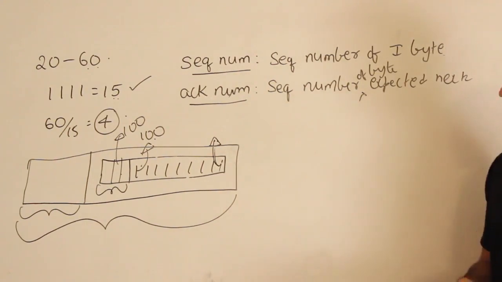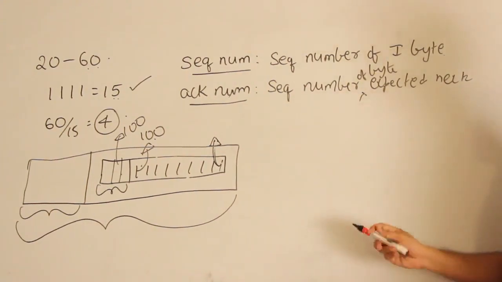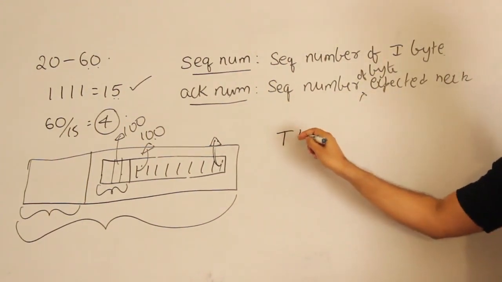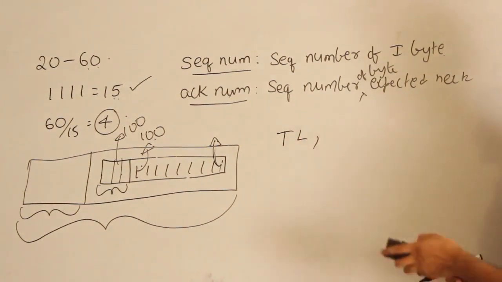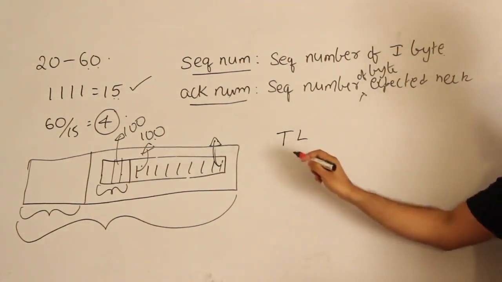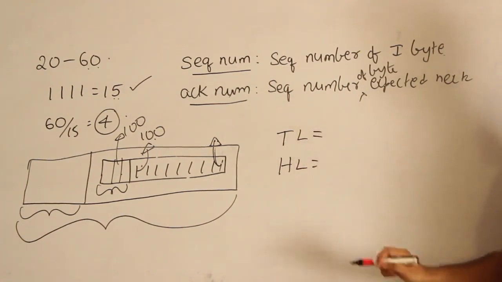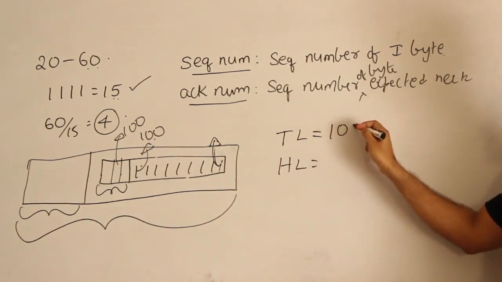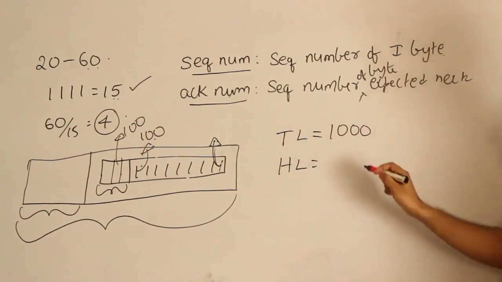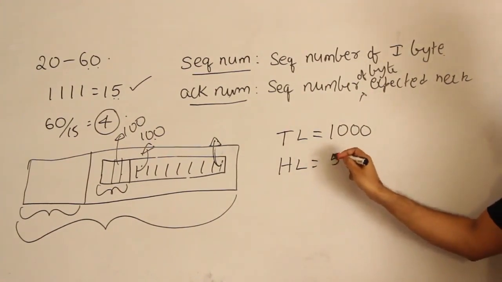Let us assume that the total length and header length of an IP datagram are given: total length is, let us say, 1000 bytes, and the header length is, let us say, 5.